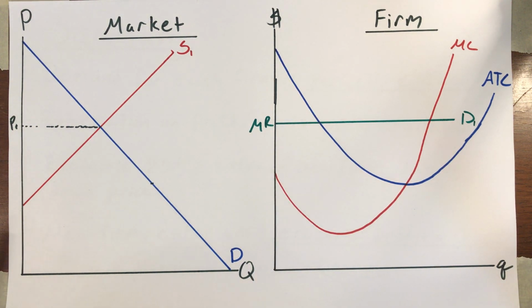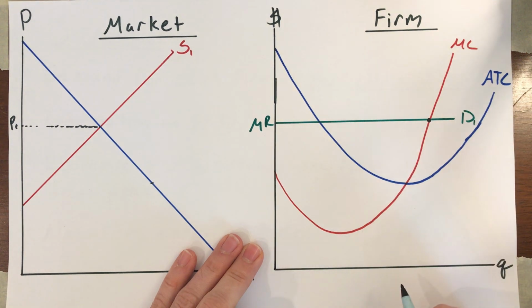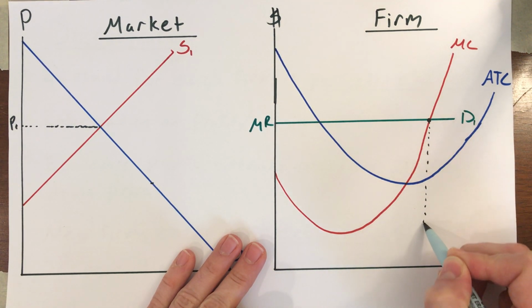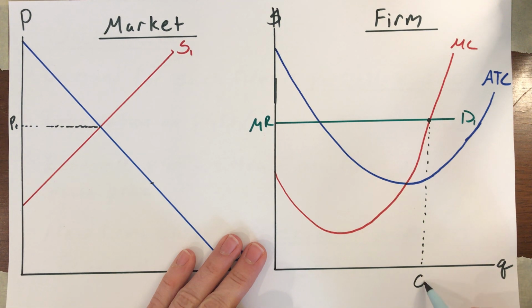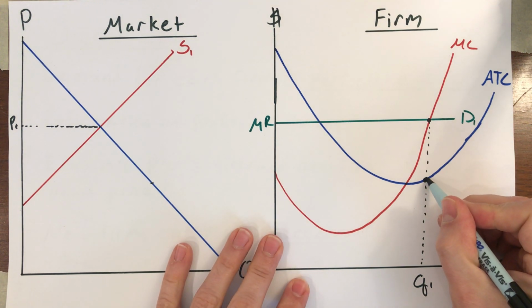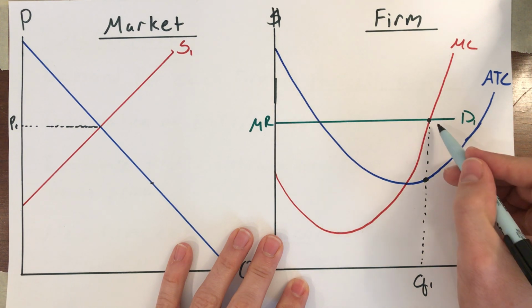Okay, now what is the firm going to do? Well, the firm's going to want to produce the number of units where marginal cost equals marginal revenue. We covered that in the earlier video. They're going to want to produce this number of units, Q1. And at that price, you'll notice that the average total cost per unit is down here. The marginal revenue per unit is up there.